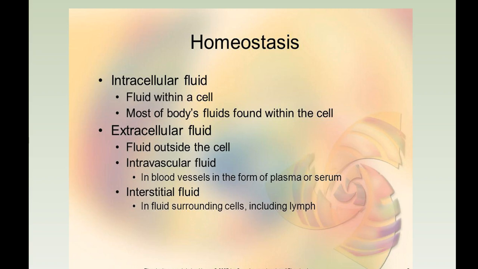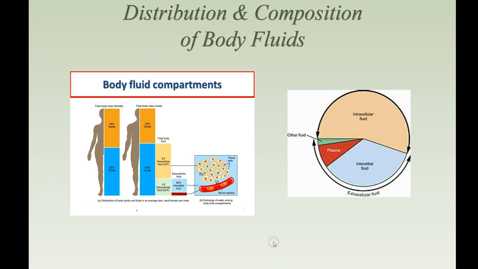Extracellular is fluid outside the cell, and it comprises the intravascular fluid in the vessels in the form of plasma or serum, and interstitial fluid, the fluid surrounding the cells. And this is just a little picture to show you the amount of fluids and what they comprise, and how most of them are going to be in the cell.